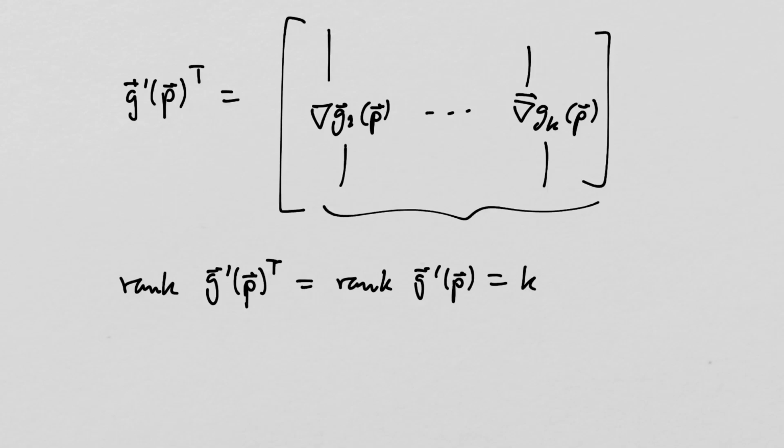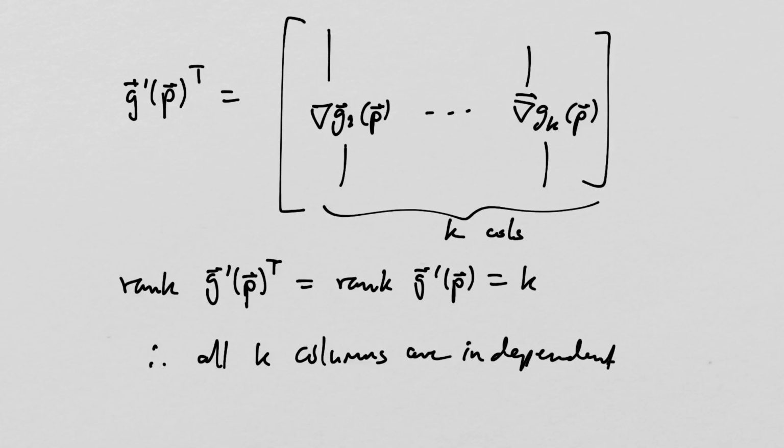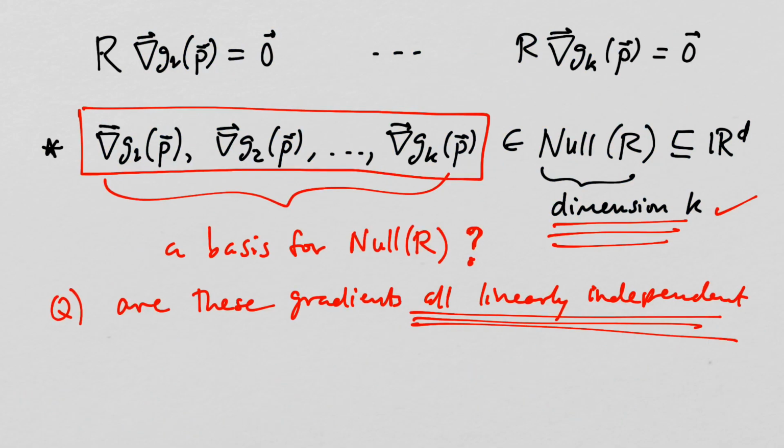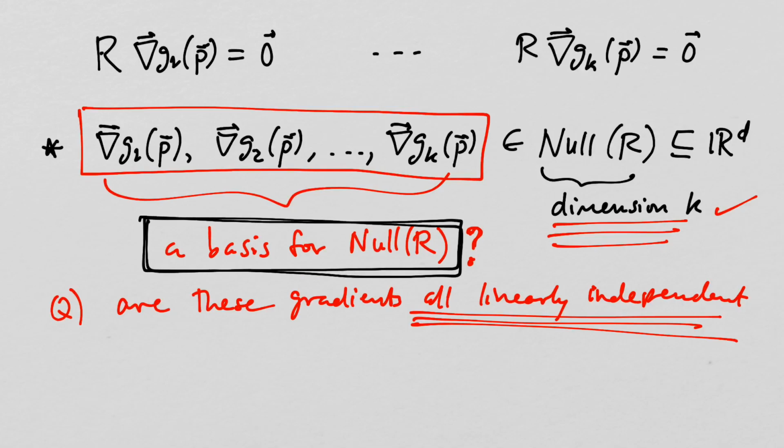Also k. And there's only k columns. So for the same reasoning, all k columns are linearly independent. And that's exactly what we wanted. So what we've now established is that these gradients, the gradients of the component functions g1 through gk evaluated at the point P, form a basis for this null space.